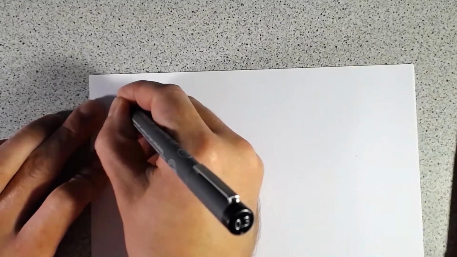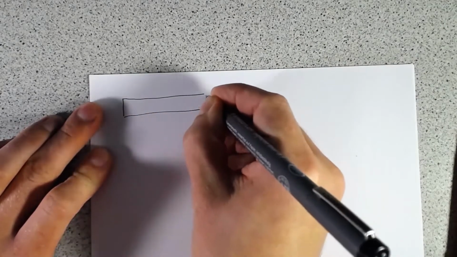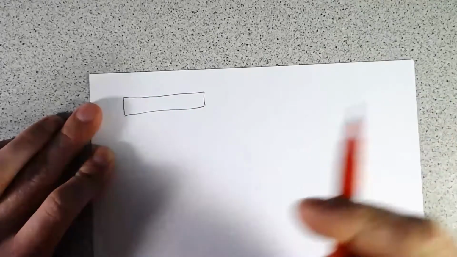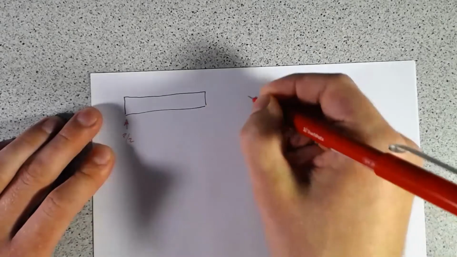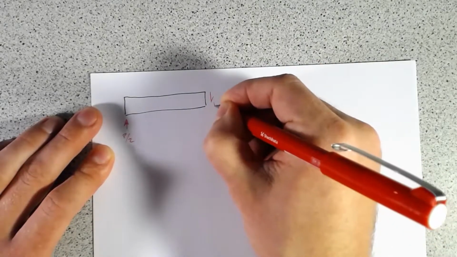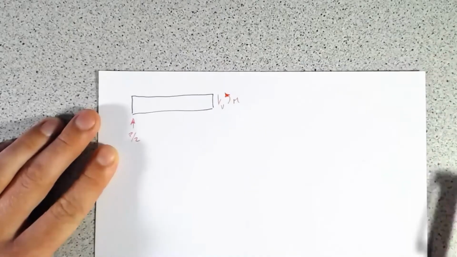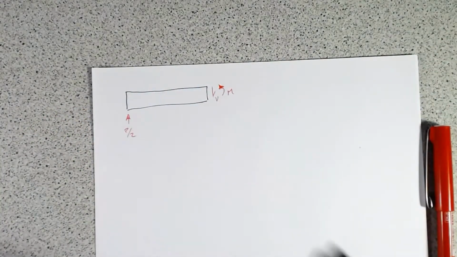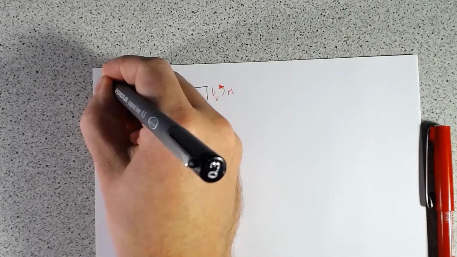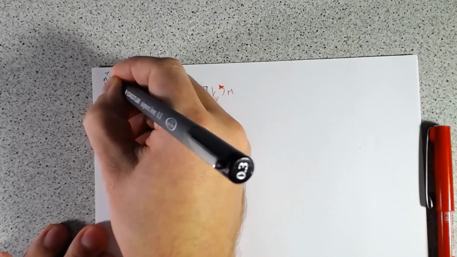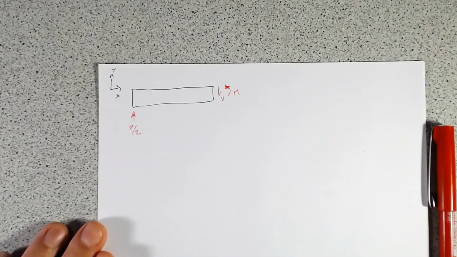So we'll just redraw that free body diagram here. We have our reaction force of P over 2. We have our shear force V, and our bending moment M. And we'll give ourselves a little coordinate system: Y going up, X going to the right.